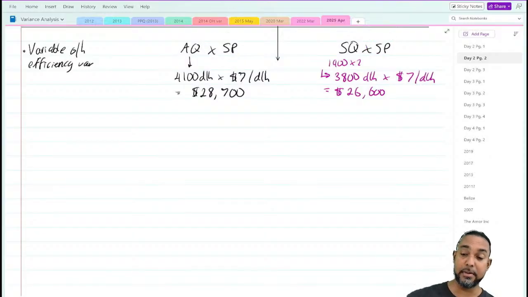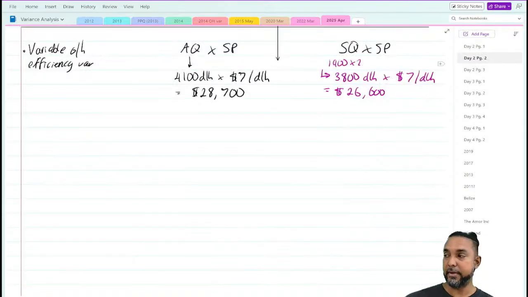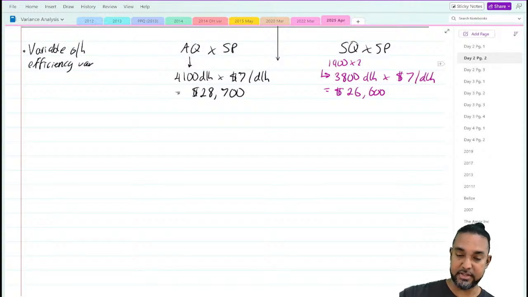What's the standard price? The standard price is the OAR. And according to the question, as the item circled in orange down here, the variable overhead OAR or rate is $7 per direct labor hour. Right. So 4,100 by 7 is 28,700. 3,800 by 7 is 26,600.